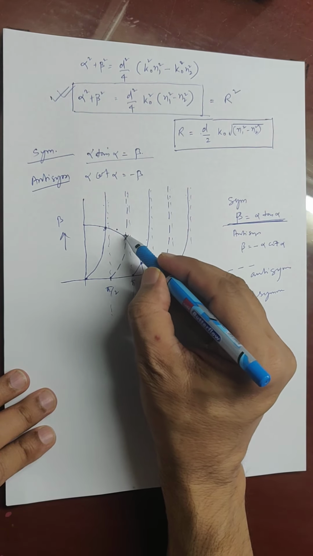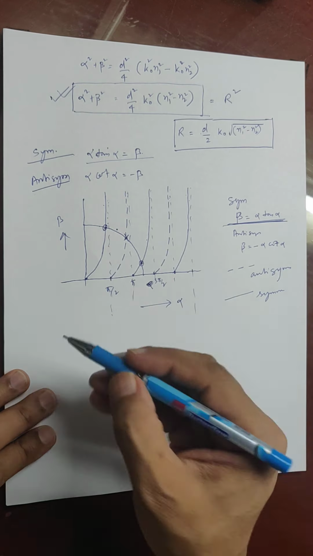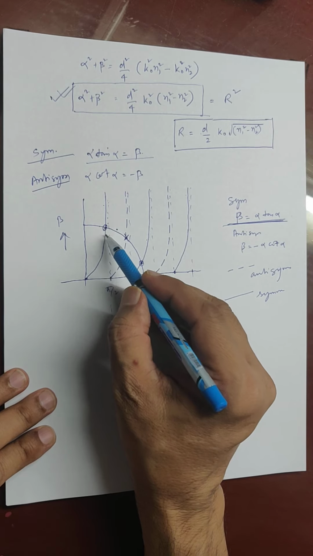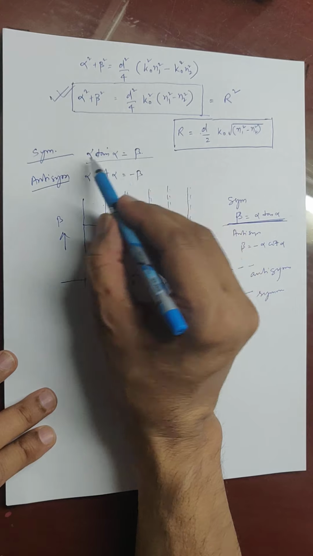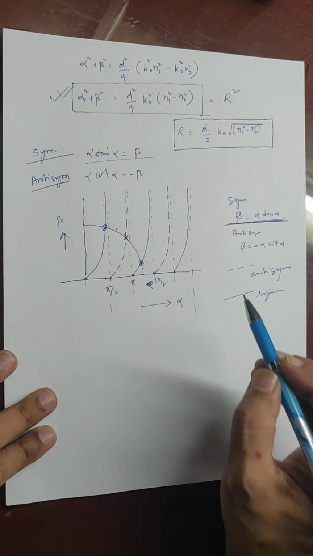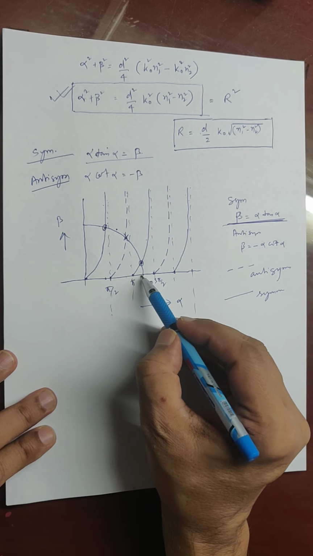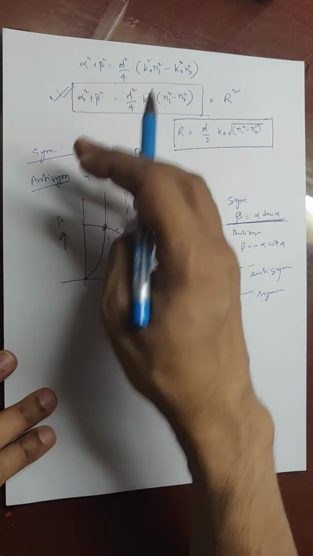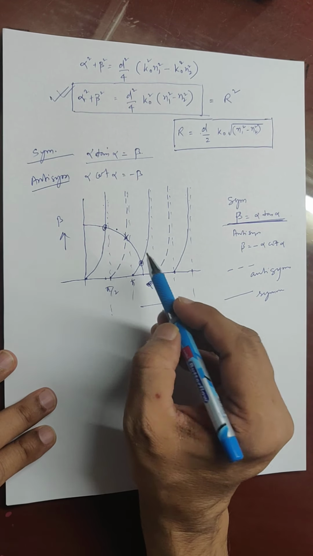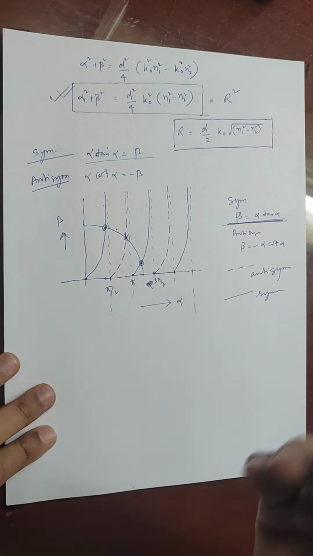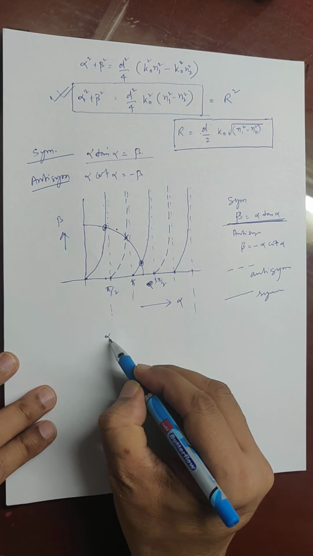Symmetric and antisymmetric solution basically mean that there would be a value of alpha that would satisfy this equation and this also. So alpha at this point, alpha at that point would give you a symmetric solution, but alpha at this point would give you an antisymmetric solution.